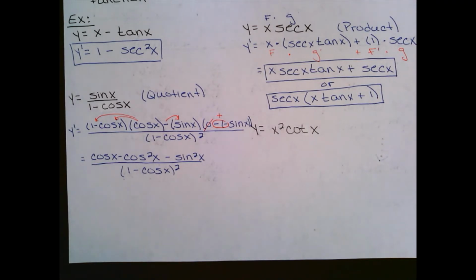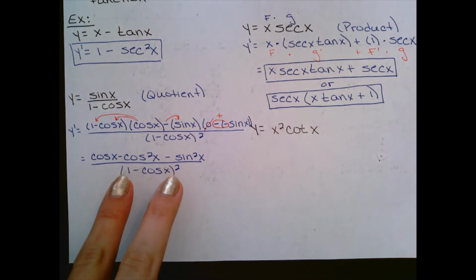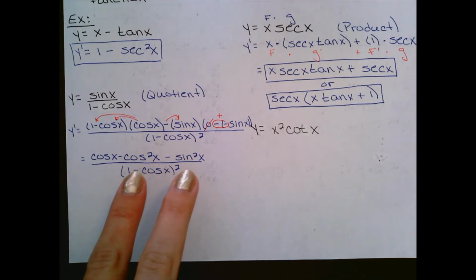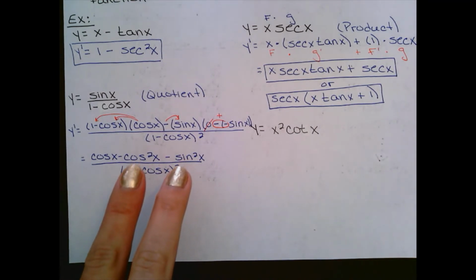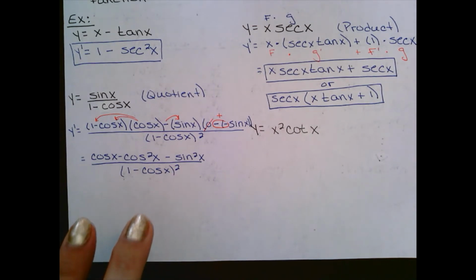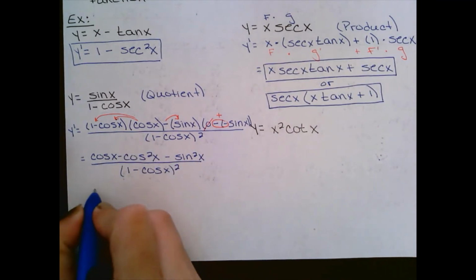But let me show you what would typically happen in a multiple choice, okay? Sine squareds and cosine squareds together should be a red flag for you, okay? Because cosine squared plus sine squared is a Pythagorean identity that equals 1. It's a very common identity that they do clean up in AP tests, okay? So if I wanted a plus sign here, I would have to factor that negative out.